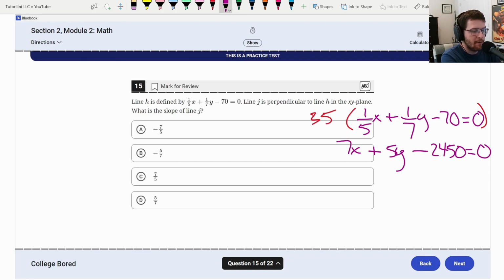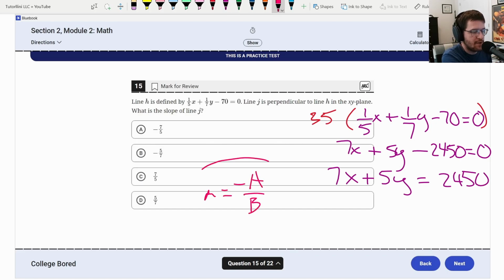Now I'm going to isolate for y, so why don't I move the 2,450? And if you know, this is standard form, so if you know the equation, m equals negative capital A over B, you could just find the slope right there and stop. But why don't I keep going with the slope-intercept form derivation? So I'm going to subtract 7x from both sides.